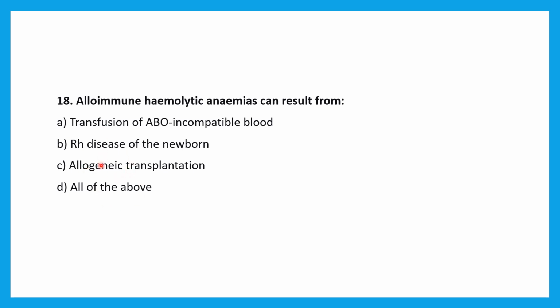Why? Because hemolysis occurs when antibodies are formed against foreign RBC antigens. And therefore, what do we mean by foreign RBC antigens? Let's give examples of this. When we talk of ABO incompatible transfusions, we know that the recipient has pre-formed antibodies which attack the donor RBCs. And when we talk of B here, hemolytic disease of the newborn, the maternal antibodies will cross the placenta and also attack the fetal red blood cells.